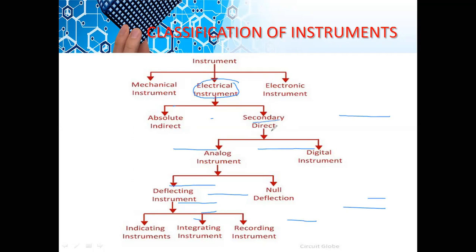And further, secondary instruments are categorized into analog instruments and digital instruments. And analog instruments are further categorized into deflecting type instruments or null deflection instruments.